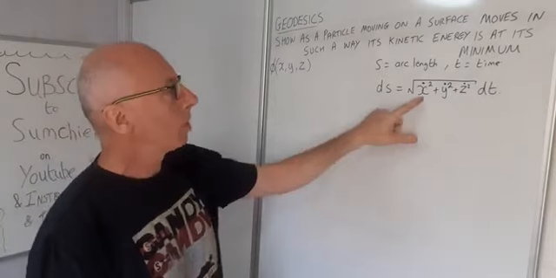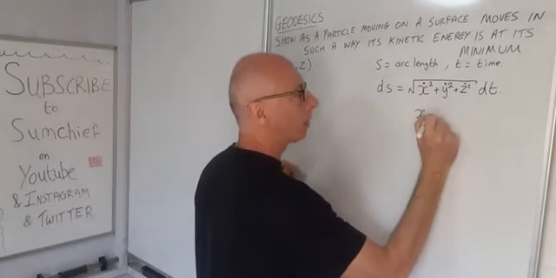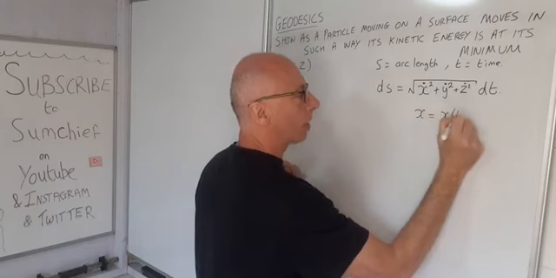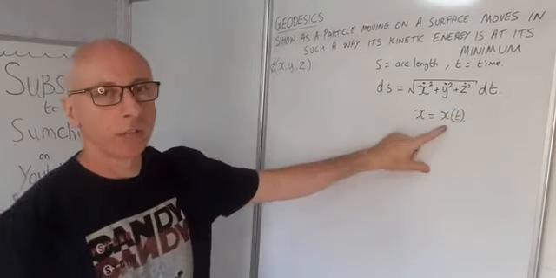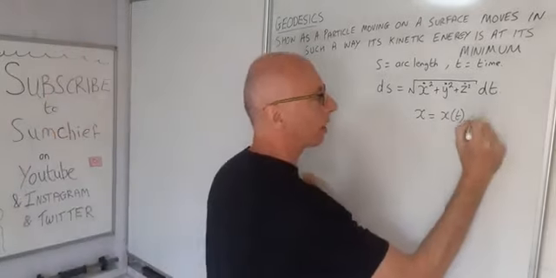So for the parametrics for x, y and z, we've got x becomes x of t. So x becomes a function which is controlled by t. Same for the y and same for the z.